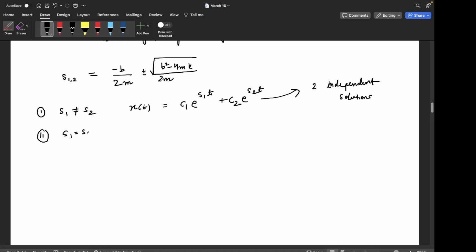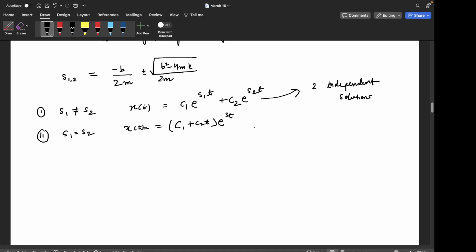Now in the second case, when S1 is equal to S2, x(t) is given as (C1 plus C2 t) e to the power st. That's interesting because here we did not get two linearly independent solutions from the very beginning.